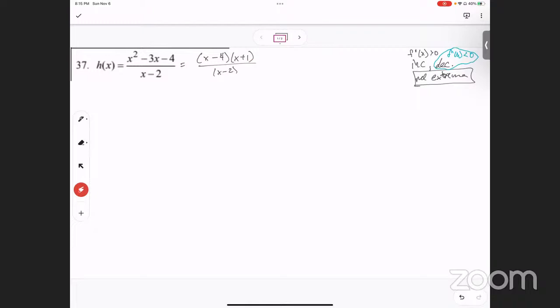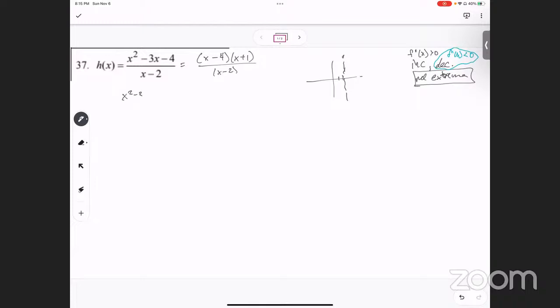So we can pretty quickly sketch this out without even using a calculator. We know there's going to be a vertical asymptote at 2, and a slant asymptote.